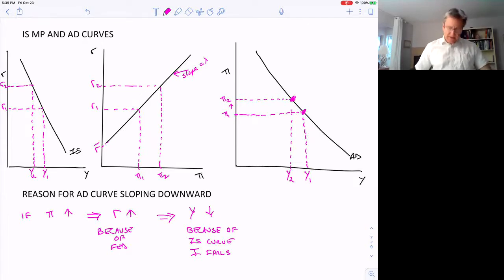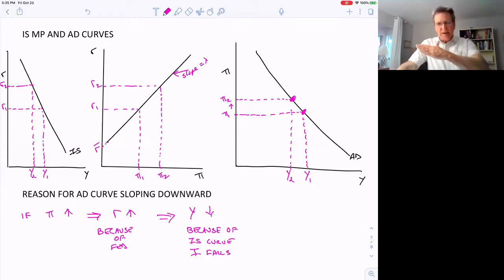So lambda sets the steepness of that line, which really determines the sensitivity of the Fed to changes in inflation. Lambda is exogenous, but if it's very steep, that means it's a Federal Reserve that cares a lot about inflation. A little bit of inflation makes them raise the interest rates a whole lot.